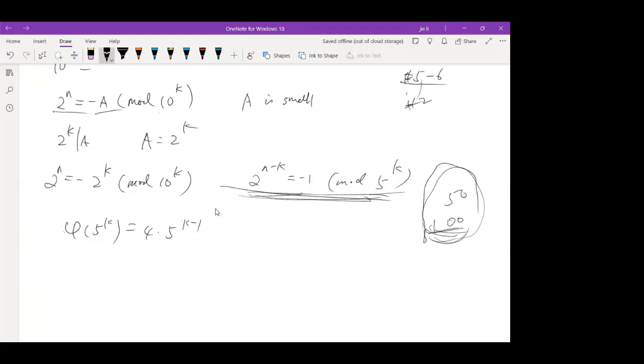And then use this Euler theorem, A to the torsion equal 1 mod m. And then from here, you use the primitive root and try to figure out the smallest possible. Indeed, is this number.